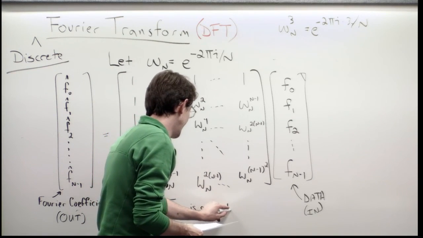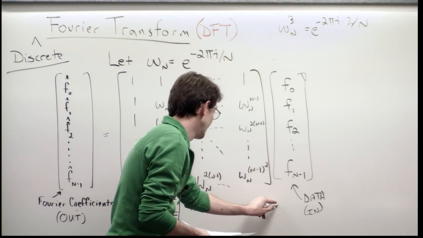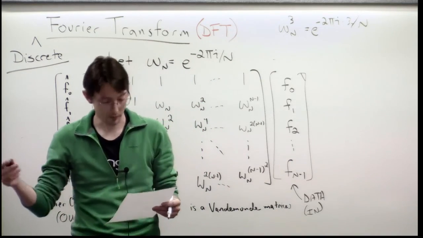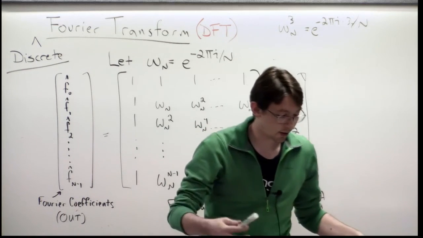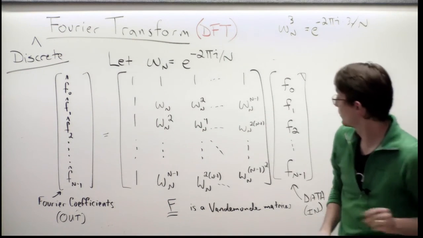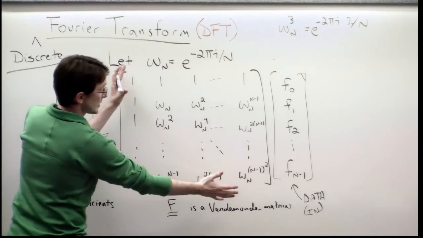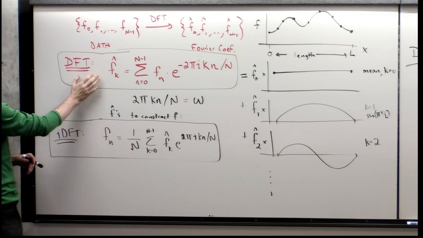You may have heard of Vandermonde matrices in the section on curve fitting. You may not. But this is the discrete Fourier transform. Pretty simple to show that this is equivalent to our summation on the left board here.